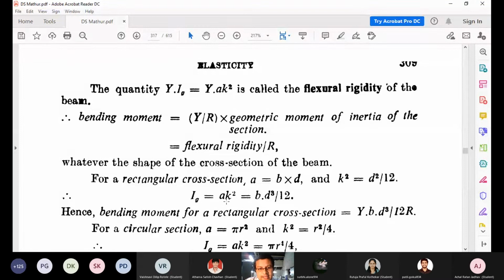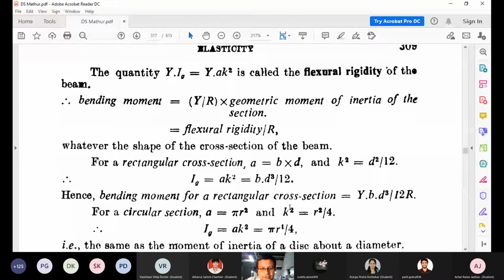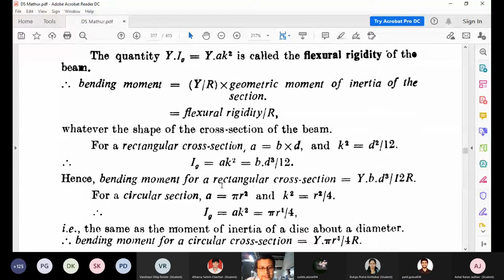Here I am talking about Ak square, which comes out to be Ig, which is b d cube by 12. We just calculated it. So the bending moment of the rectangular cross section will be Y into b d cube by 12 divided by R, correct? Remember, this is for the rectangular cross section.